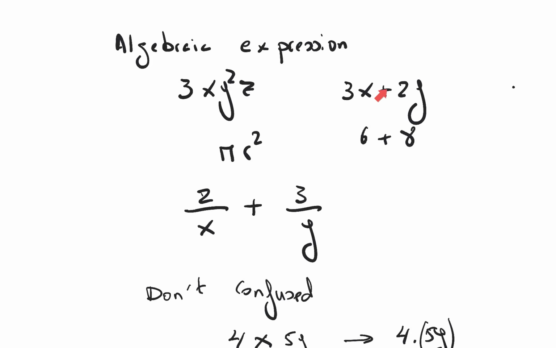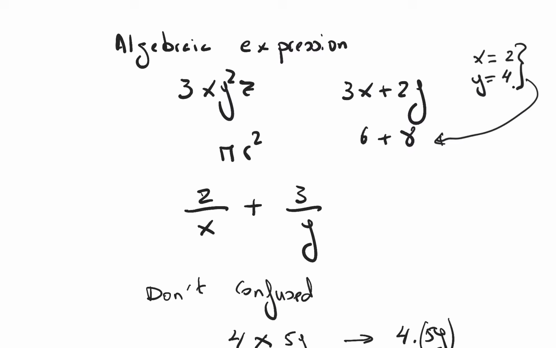So an algebraic expression will take you to an arithmetic expression. So when x is equal to 2 and y equal 4, you will obtain 6 plus 8.